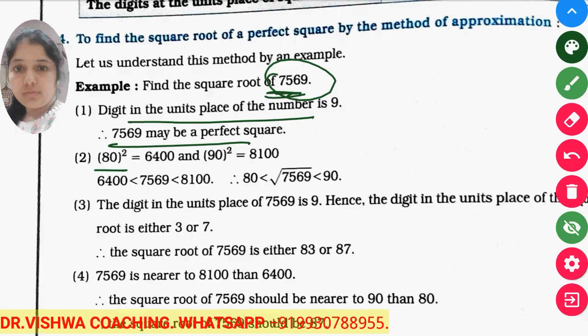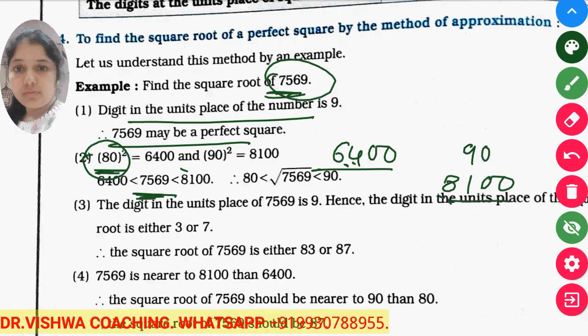Which is the nearer number? If we consider 80, the square is 6400, and 90 square is 8100. So this number, which is 7569, may be in between 6400 and 8100.